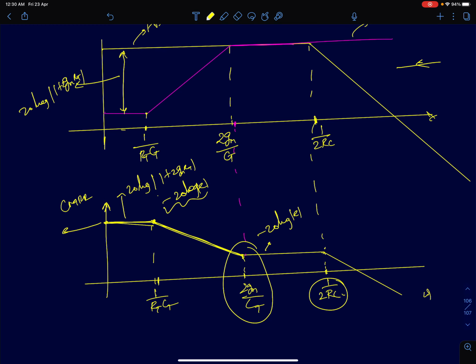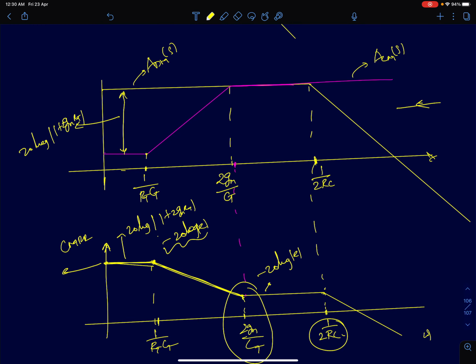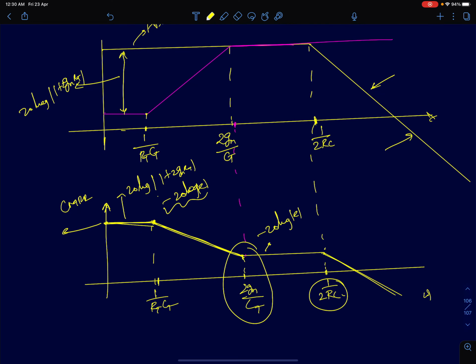After 1 by 2 RC, if you see this graph, common mode gain is remaining the same, ACM is remaining the same, but ADM is decreasing. We said CMRR is ADM by ACM, so if ADM is decreasing, CMRR will also decrease. Therefore, your CMRR is going to decrease at high frequencies.